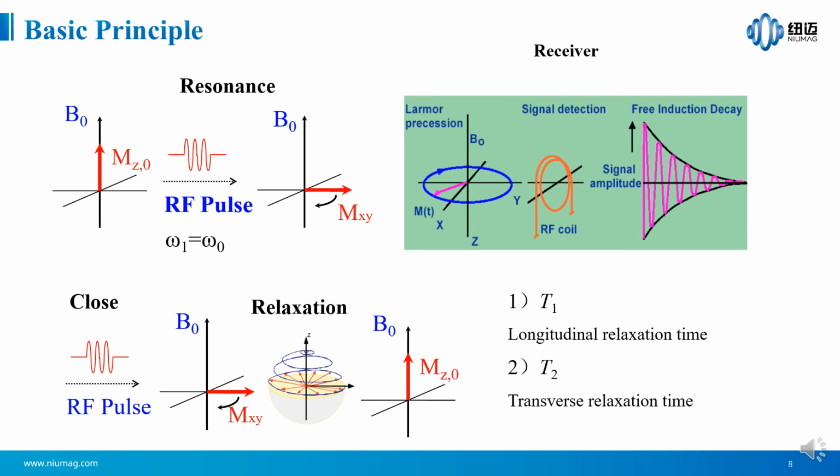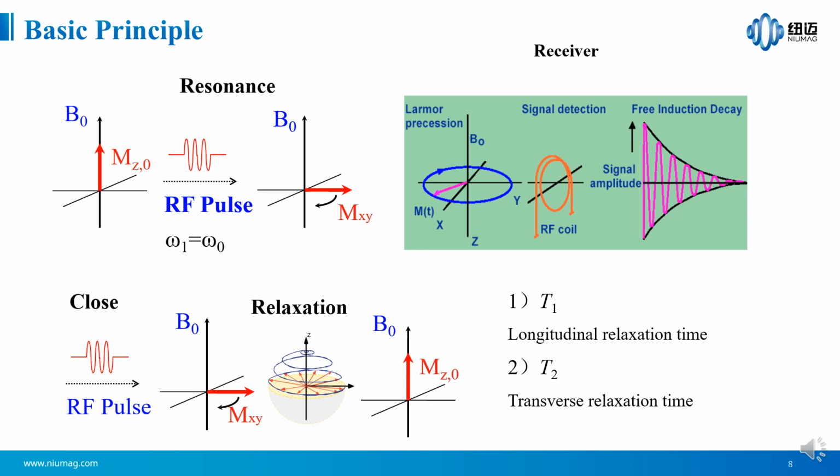The relaxation process can be decomposed into two parts. The first part is the horizontal decay from the maximum decay to zero. The second part is the vertical recovery from zero to the original state.